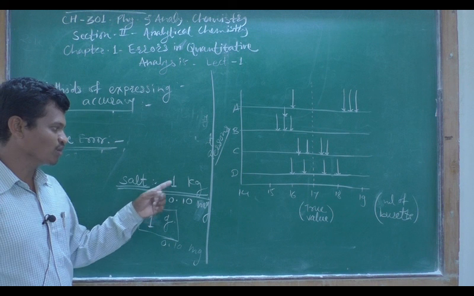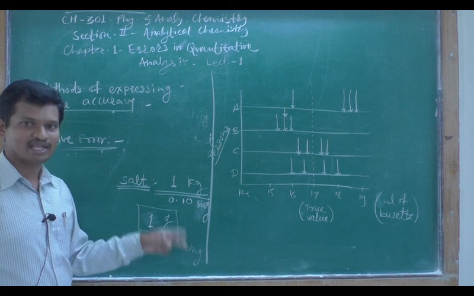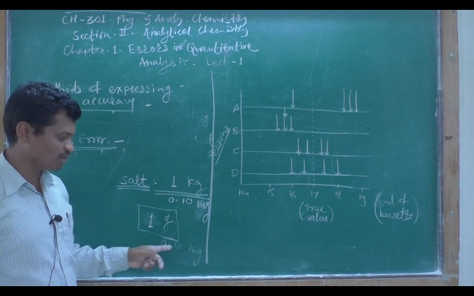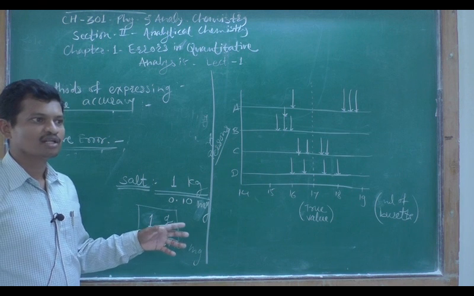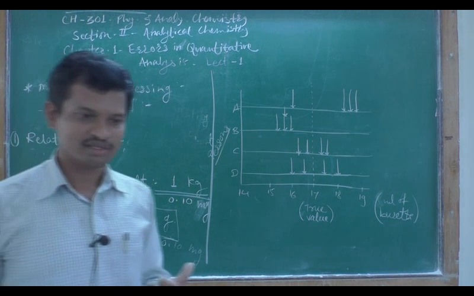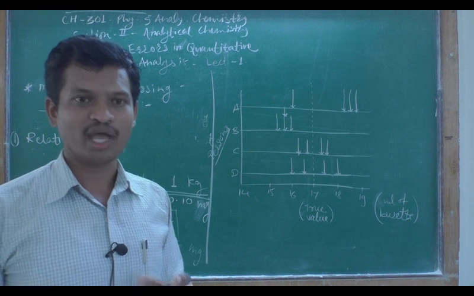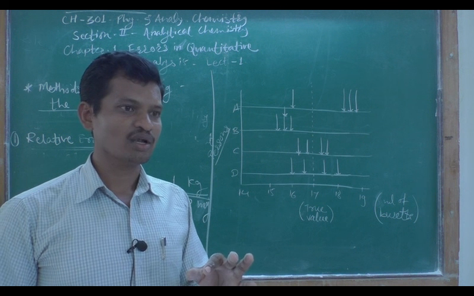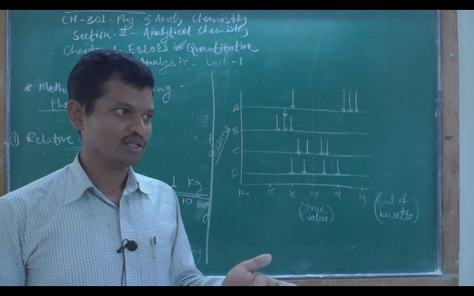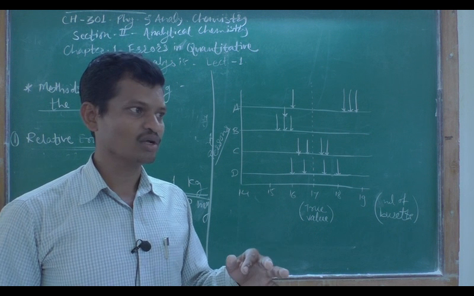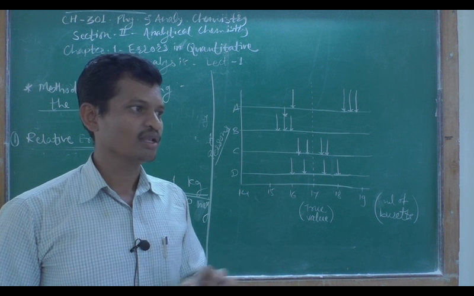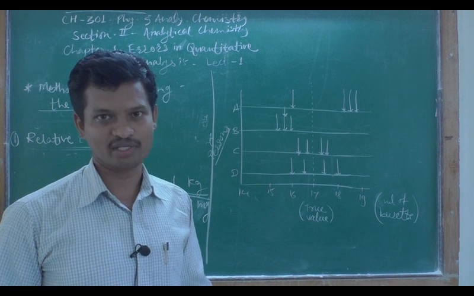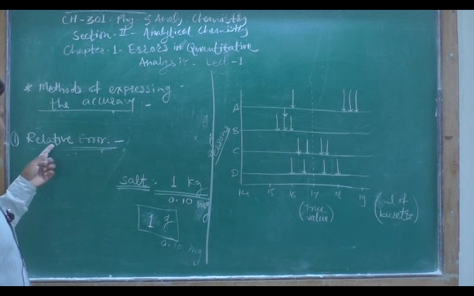But as compared to 1 kg, this 0.10 milligram is very small. So in both cases the absolute error is 0.10 milligram. That's why we can say that the absolute error value has no particular significance unless we compare it with the correct value or true value. Okay, then the second one is relative error.